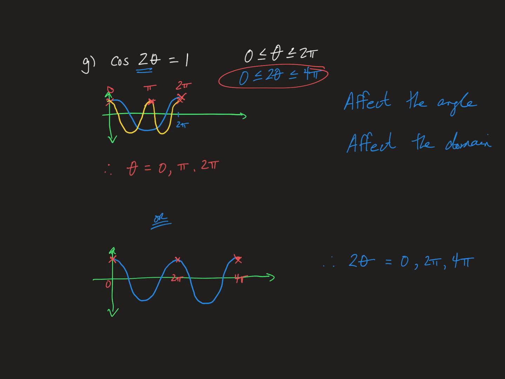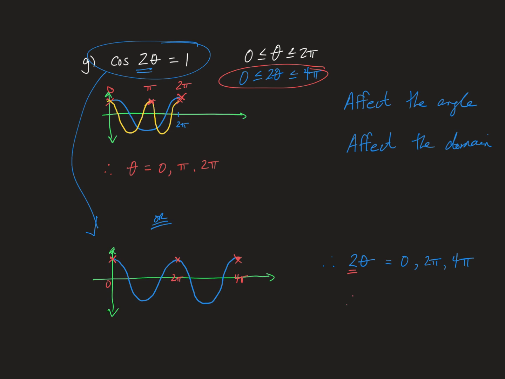But notice that those equations that I just built don't solve for theta. They solve for 2 theta. Notice that's what I examined here, that the cos of 2 theta equals 1. Well, now for me to solve for theta, I'm going back to grade 9, and I'm just saying, how do you get rid of a times by 2?